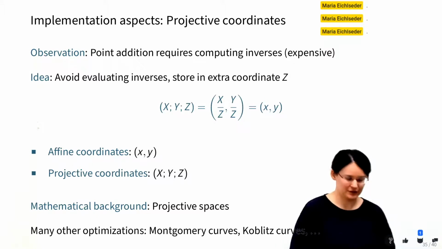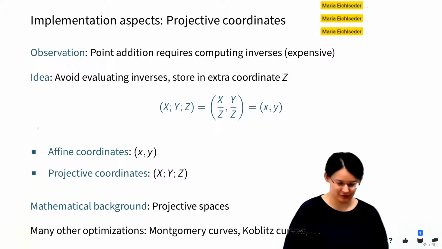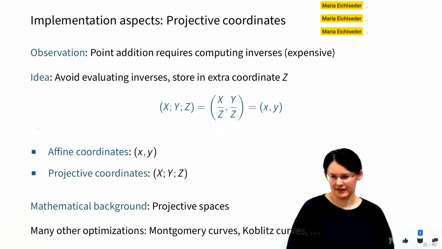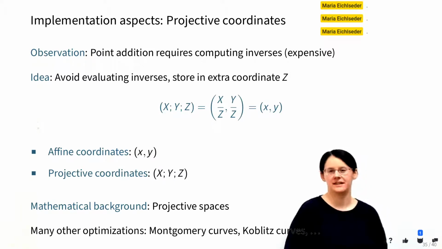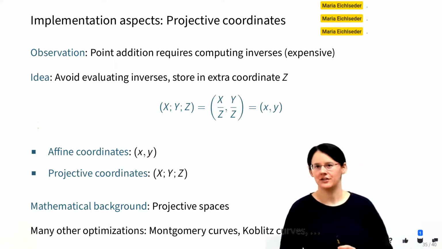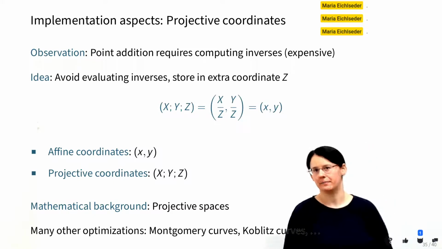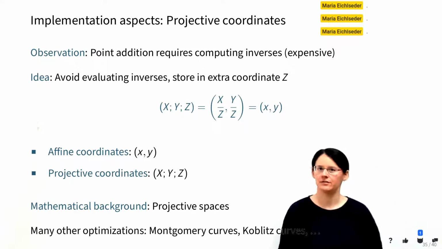This makes sense if you think back of the exercises today. Every time you had to compute a modular inverse or divide things, you needed to run this extended Euclidean algorithm. Now there are efficient implementations of these steps, but it's still a lot more costly than just multiplying. So getting rid of these inversions would be very valuable to speed up the computation time.